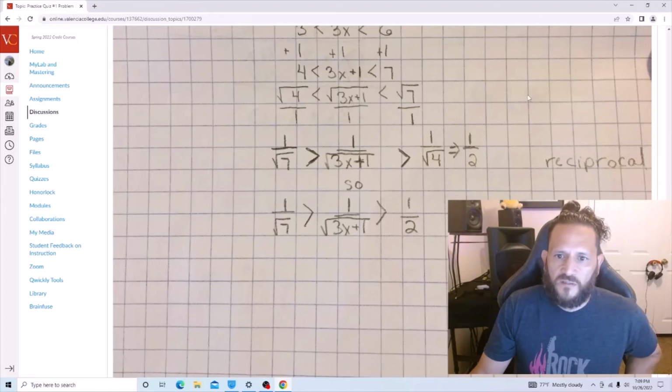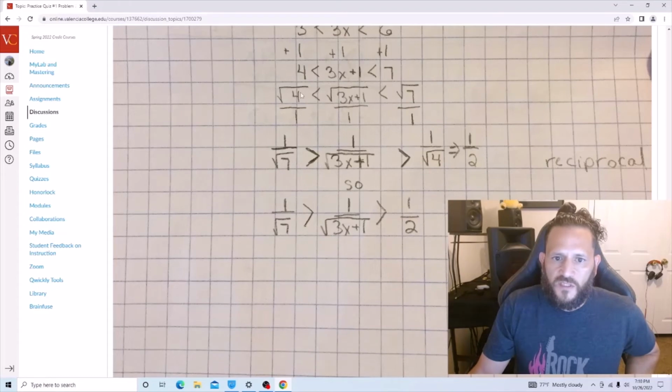That's it. We're just placing a 1 underneath because we're going to do the reciprocal. So remember, once you do the reciprocal, we just flipped it. That's going to flip our inequality sign. So you see they got flipped right there. So with that said, everything gets flipped.